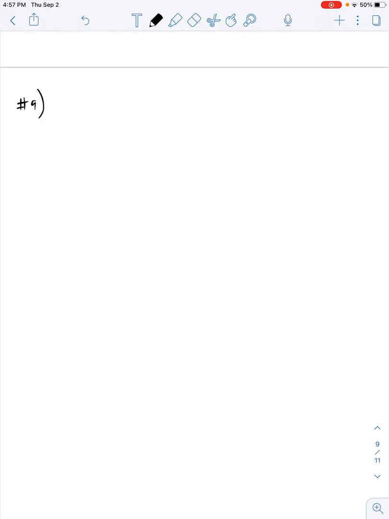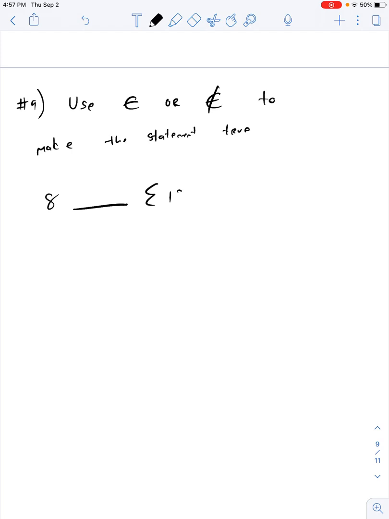Number 9, same thing. We either use this notation or that notation to make it true. So now we have 8. Here's our blank. And this is our set.